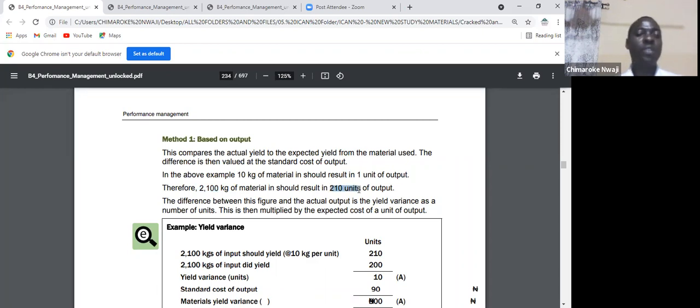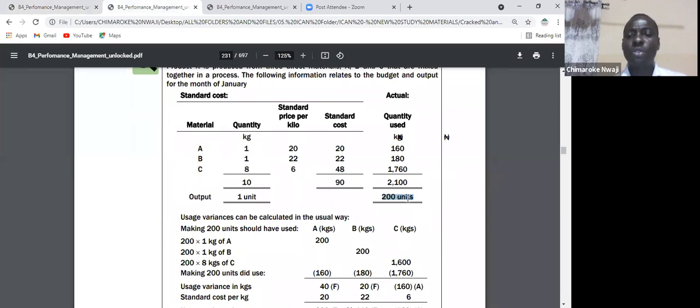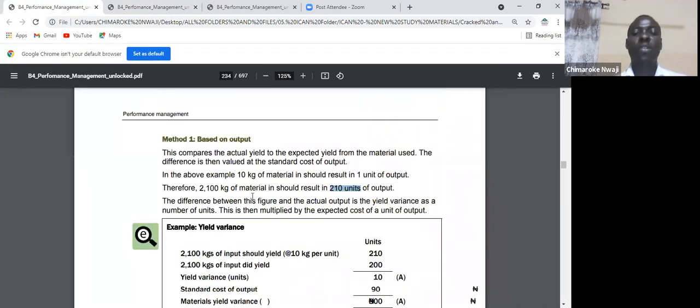So if we are using 10 kilograms for 1 unit, and you decide to use 2,100 kilograms, you are going to get 210 units. But wait a minute, you got 200 units. Wow. So what happened? So the way it is, 10 kilograms should yield 1 unit.